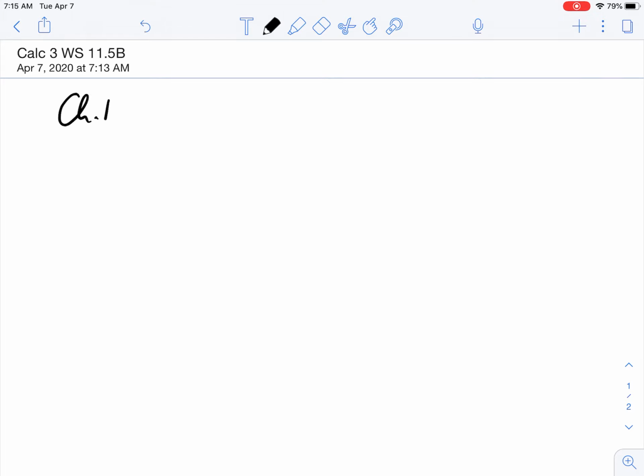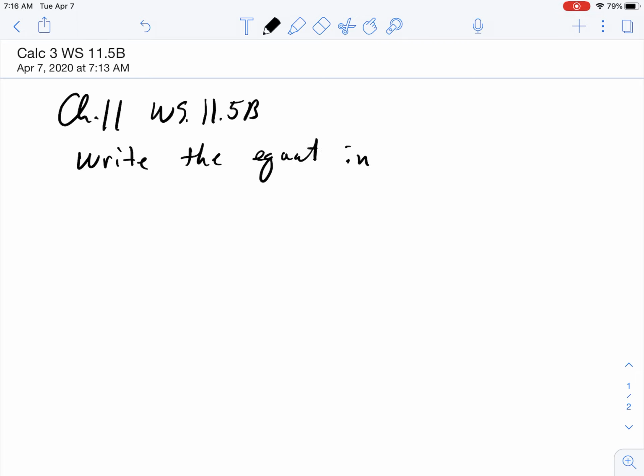All right, so wrapping up chapter 11 here. This is for worksheet 11.5b. This is a quick summary here, writing the equation in polar.